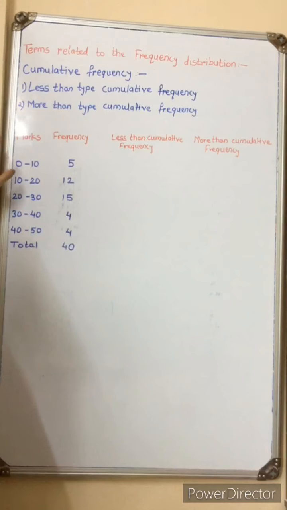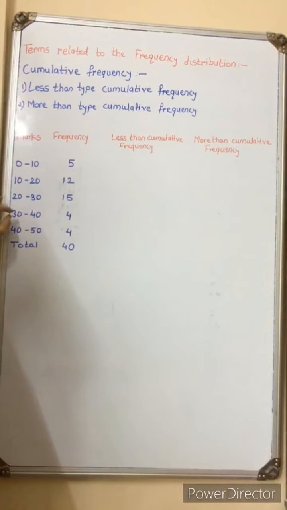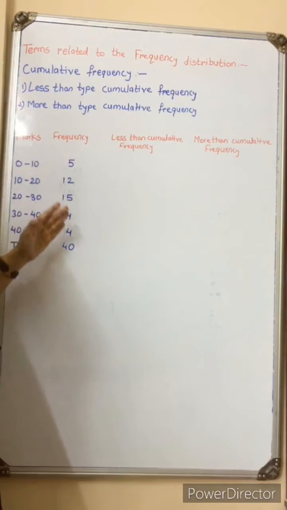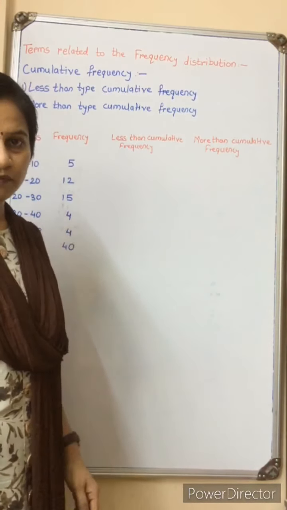If we have many classes and we need to find the number of students having marks less than 20 directly, or the number of students having marks greater than 30, greater than 40 or less than 30, we can calculate it directly by less than cumulative frequency and more than cumulative frequency.